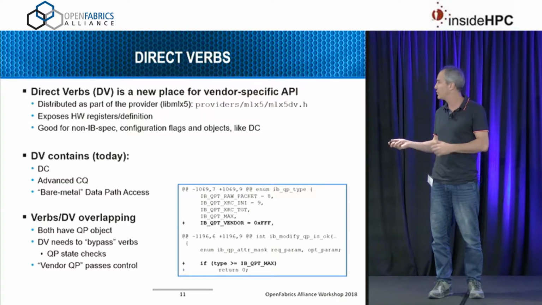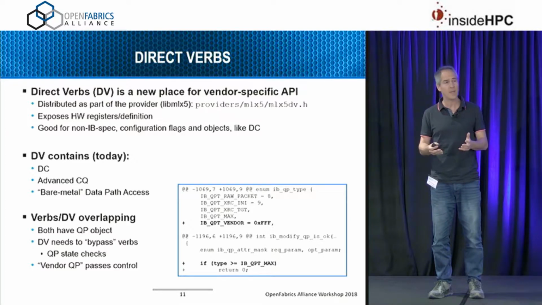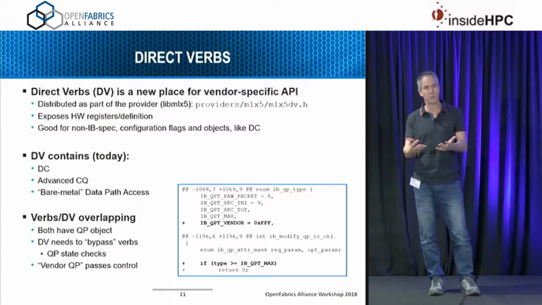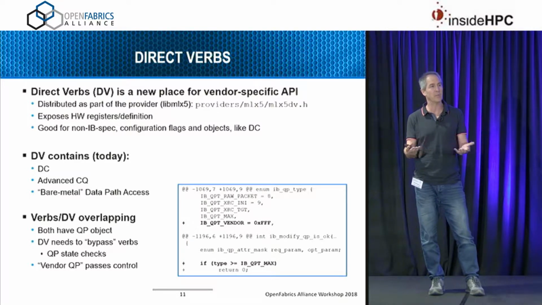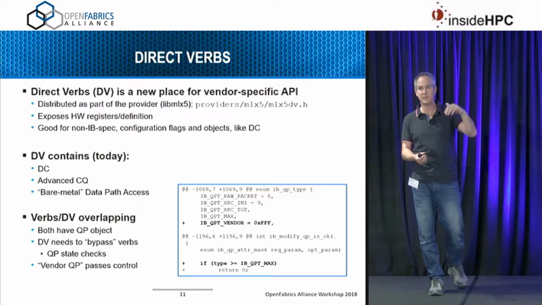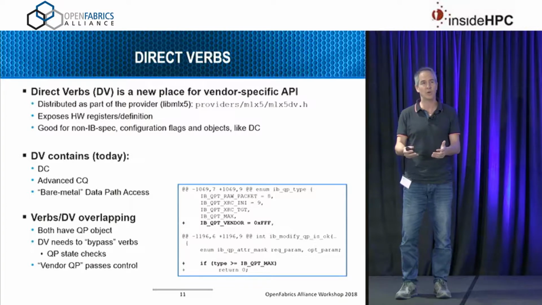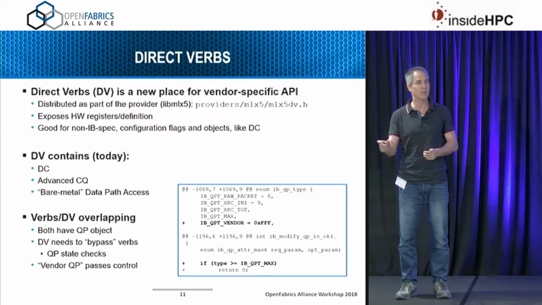We also wanted to allow a data path. We noticed that exposing the raw hardware capabilities instead of the high-level post-send, post-receive API allows writing more efficient code in very extreme use cases.